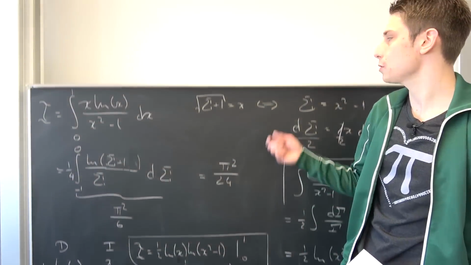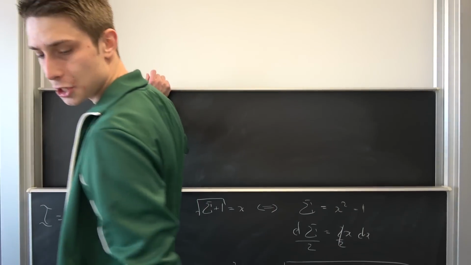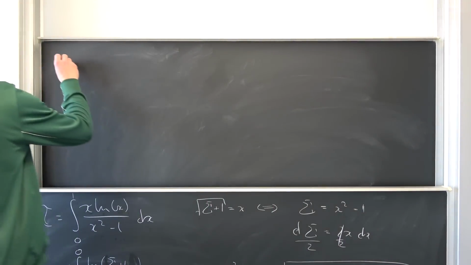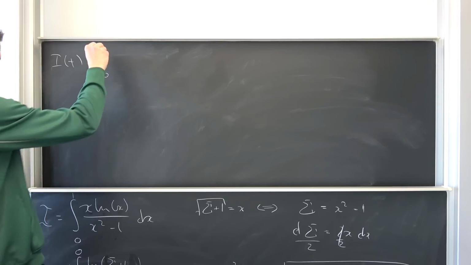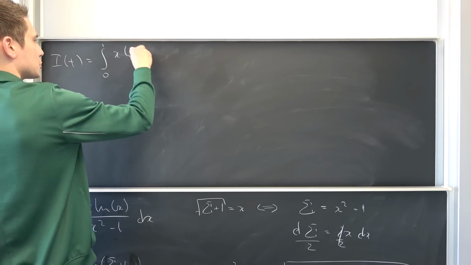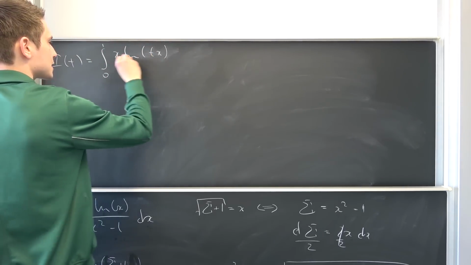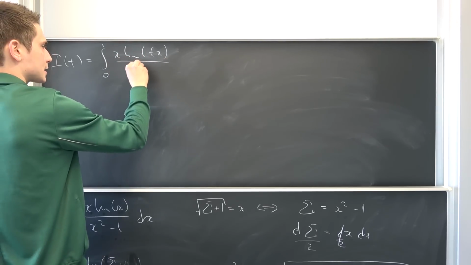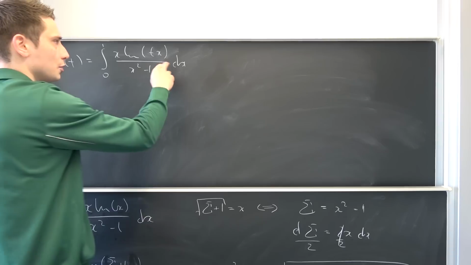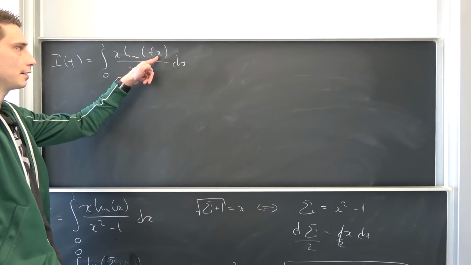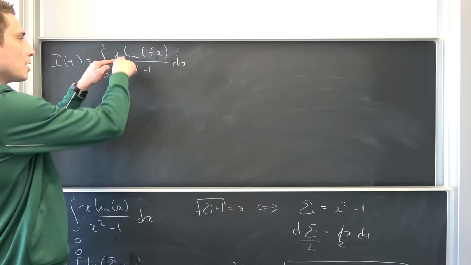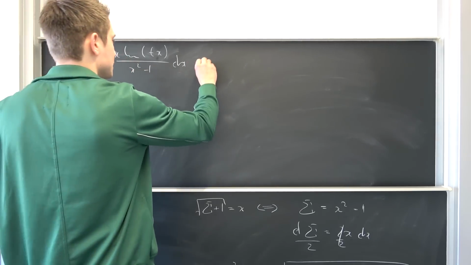Next up was my most favorite, Feynman integration, meaning we are going to say that we have an integral I of t, parameterizing it as nothing but x times the natural log of t times x over x squared minus 1. And this choice is absolutely obvious, because if we differentiate the natural log of t times x with respect to t, we're going to get rid of this x term right here.